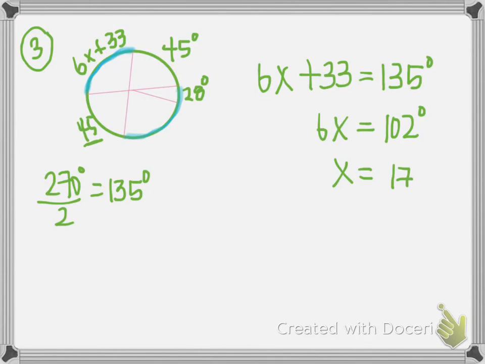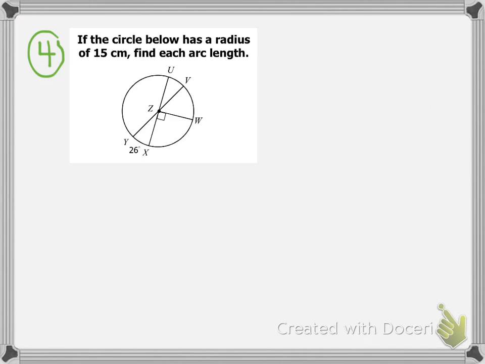Okay. So let's do another one here. If the circle below has a radius of 15 centimeters, find each arc length. Okay. To find the arc lengths, we know that this side, YX there, is 26. So this UV over here is also going to be 26, right?